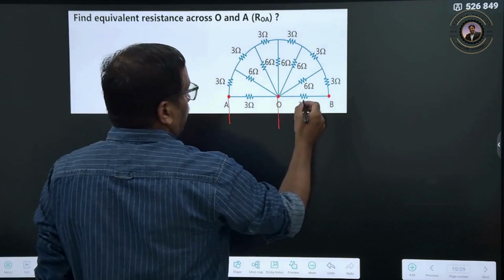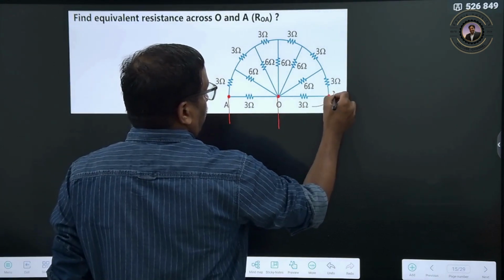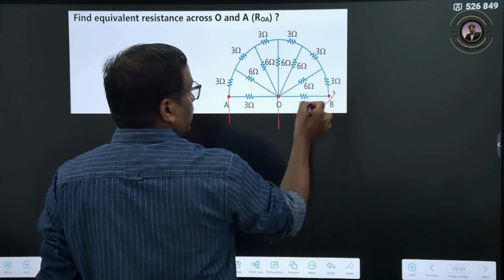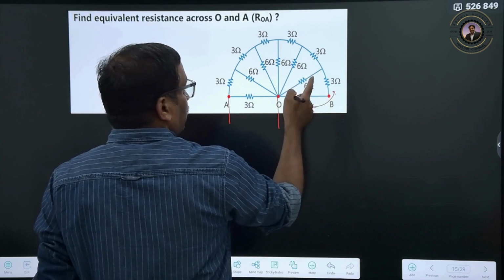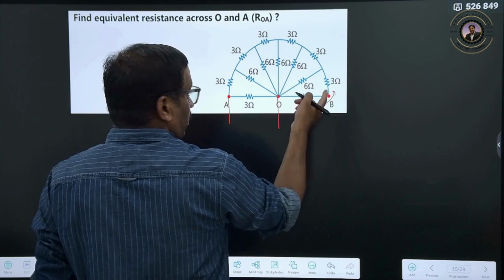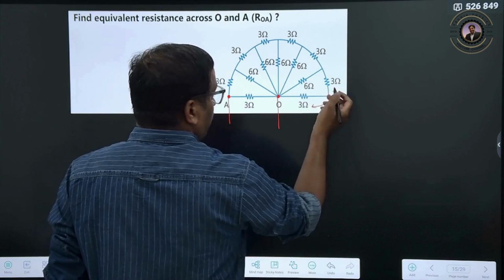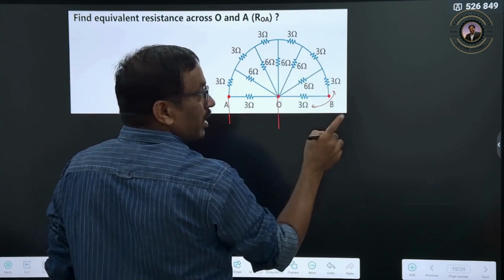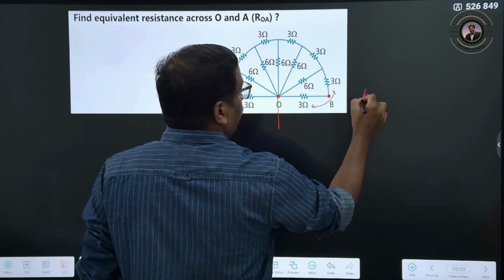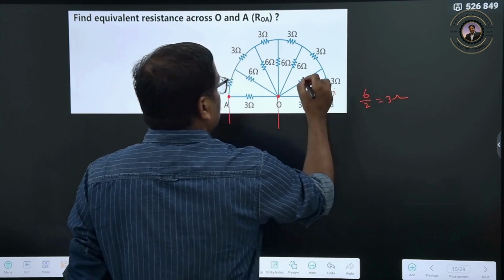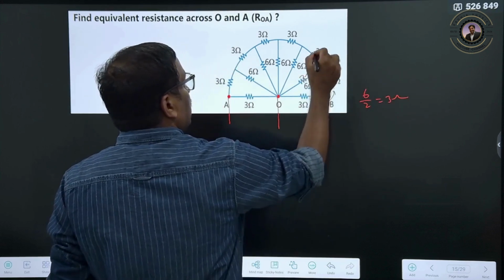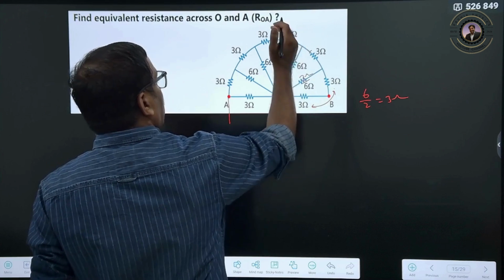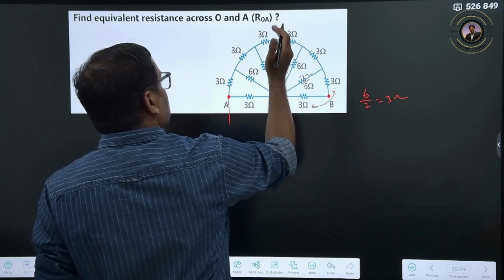Here these two are in series, and this is in parallel. Series means 6 and 6 make 12. Both 6s are in parallel, 6 by 2, which is nothing but 3 ohms. So this becomes 3 ohms, and this part is 3, so 6 again, then 3, again 6, 3.